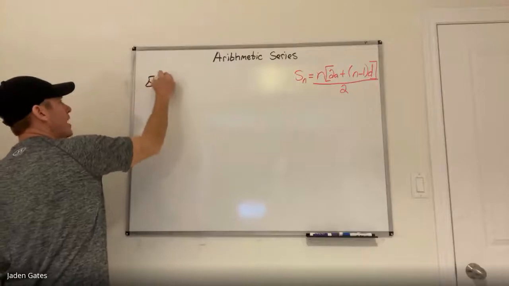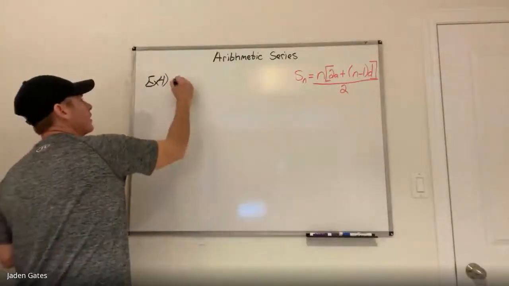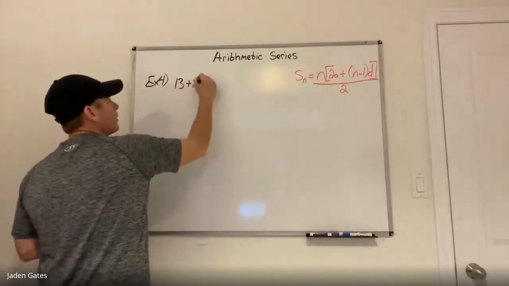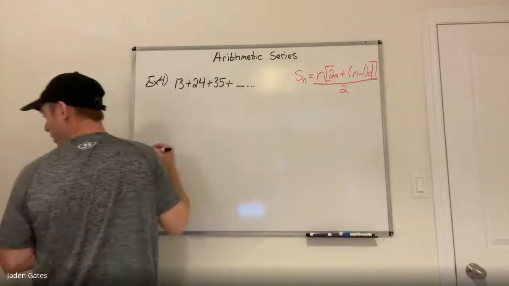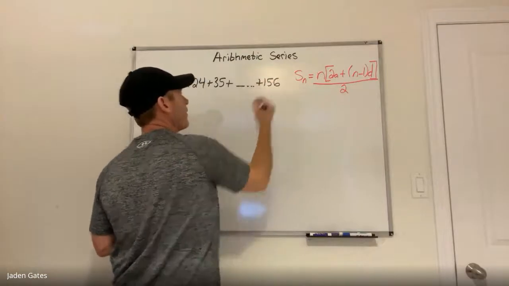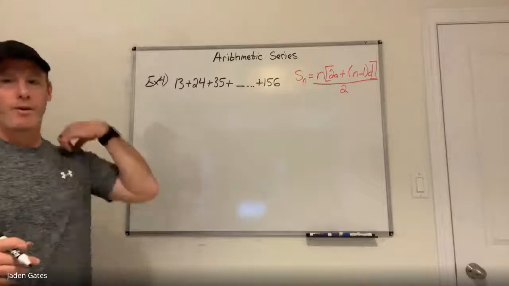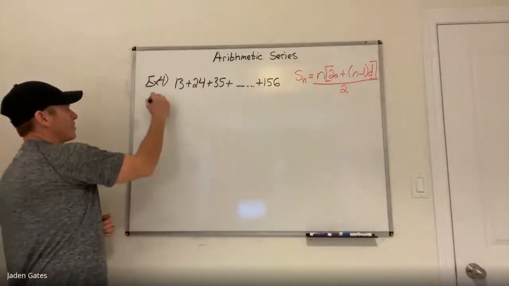So I want to add up this whole entire series. We have 13 plus 24 plus 35 plus, the series goes on and on and on. And then our last term here is 156. So that is the series that I want to find the sum of.